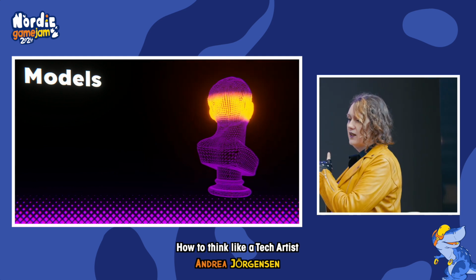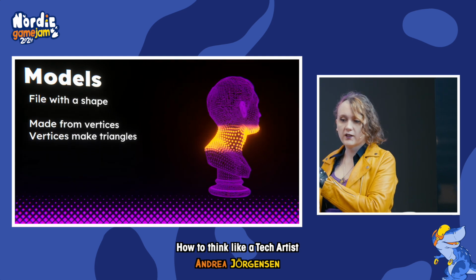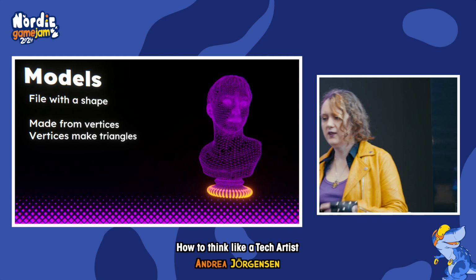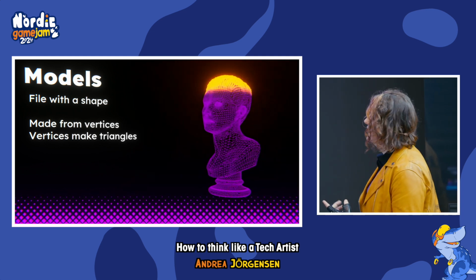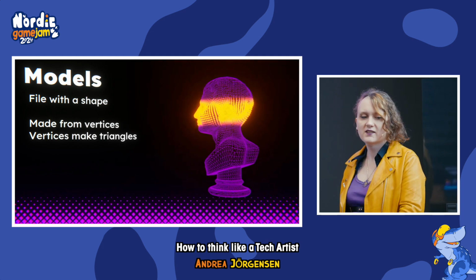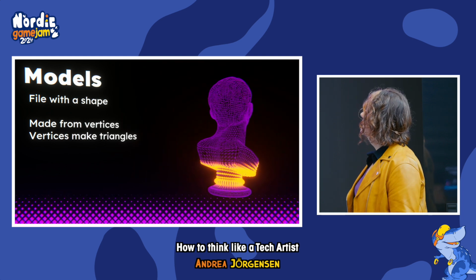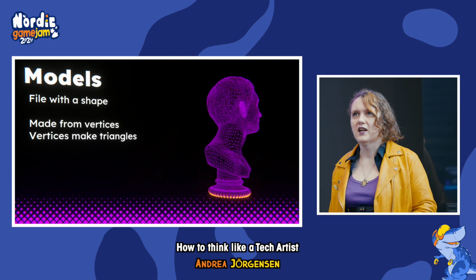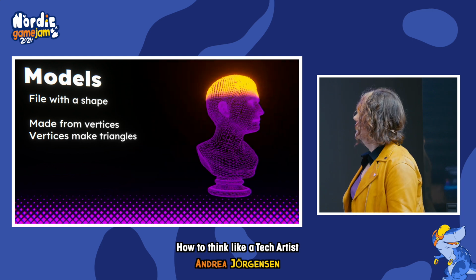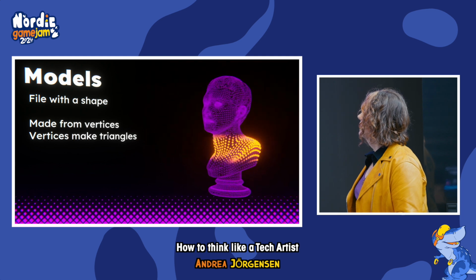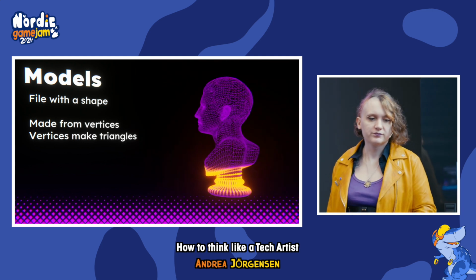All the vertices on here connect together to form polygons, more specifically triangles. You can do other shapes when you're rendering models, but they're not really relevant today. And in games, 99% of the time, you will be rendering 3D triangles. If you have N-gons, you're working somewhere else very specialized, probably.